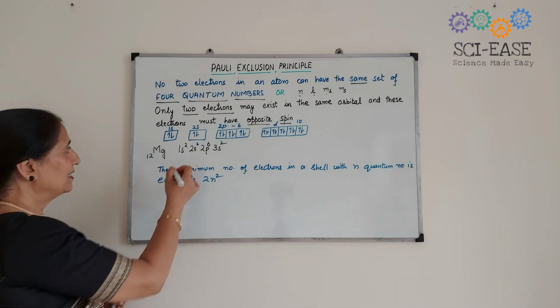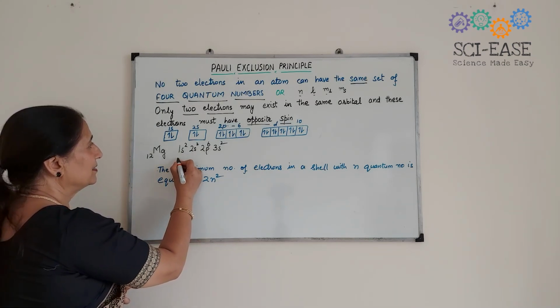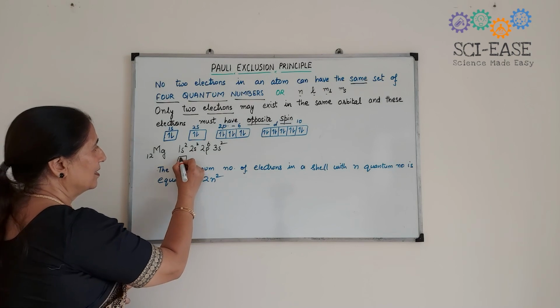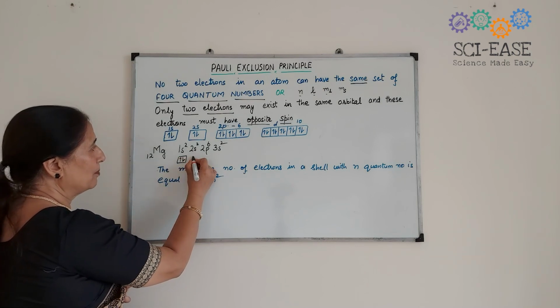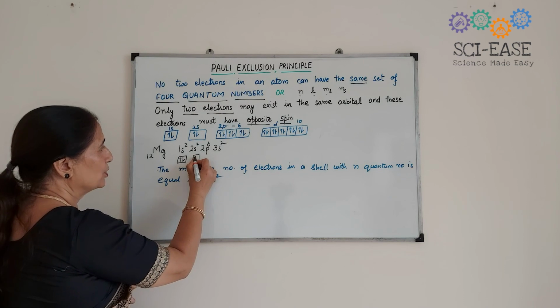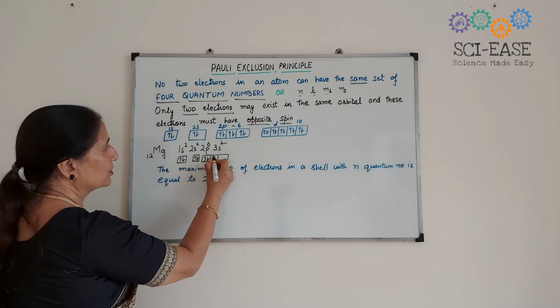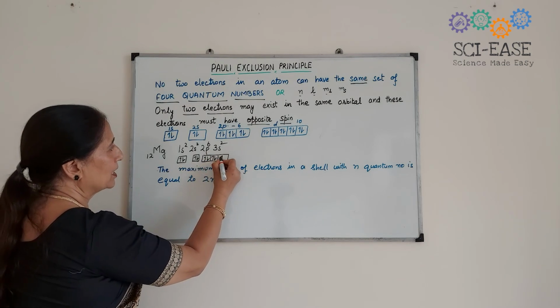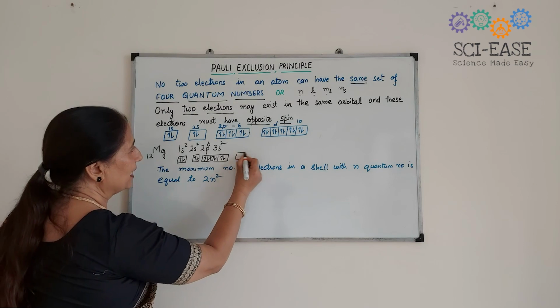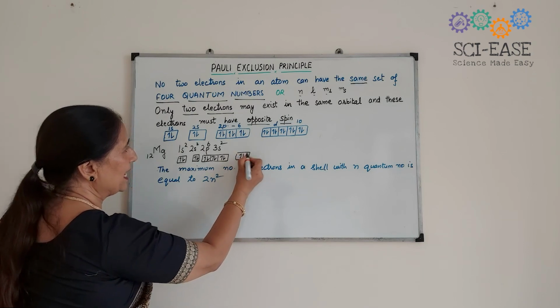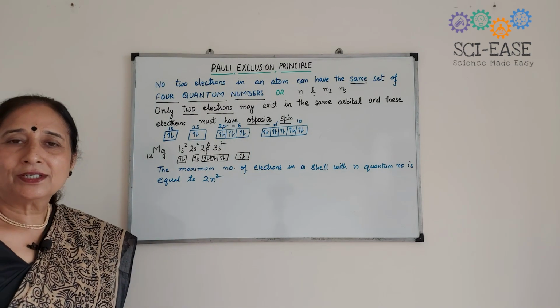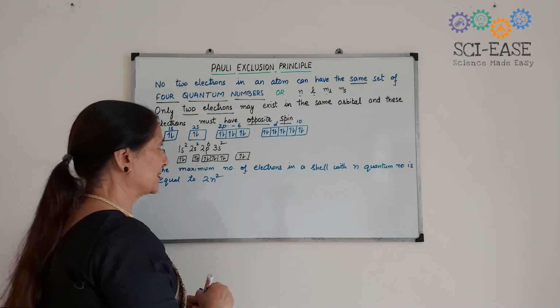Now here, 2 electrons will be accommodated in 1s, 2 in 2s. Then in 2p, 6 electrons will be accommodated. And now take the case of 3s, which will have 2 electrons.